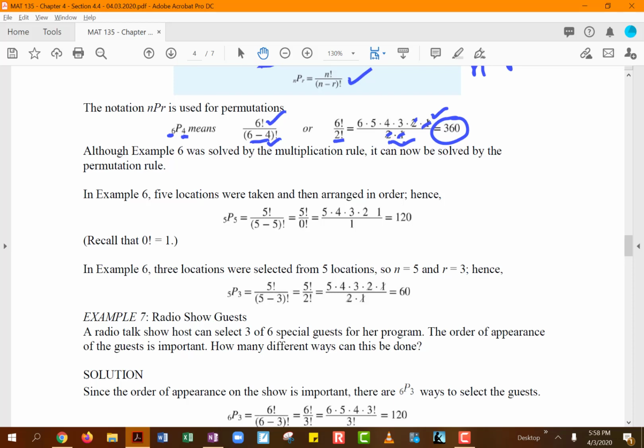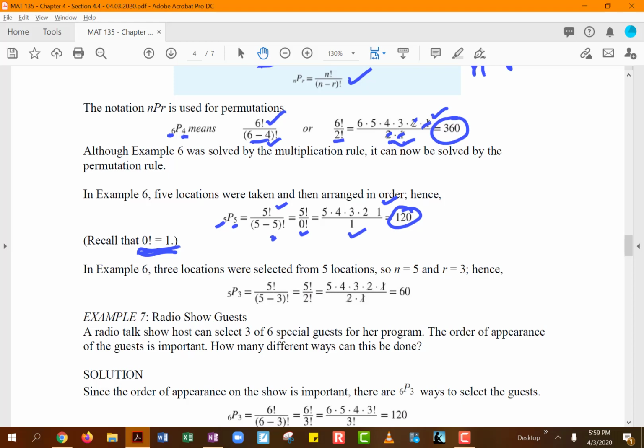So out of 5, we are choosing all 5. So that's going to be 5 factorial divided by 5 minus 5, which of course becomes 0. But remember our factorial rule, 0 factorial is 1. So that's 5 times 4 times 3 times 2 times 1 divided by 1, which would of course give you 120 different possibilities. So there's 120 different ways that you could arrange the top 5 locations.